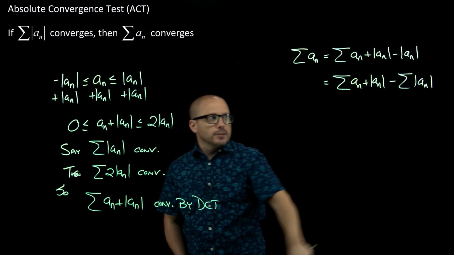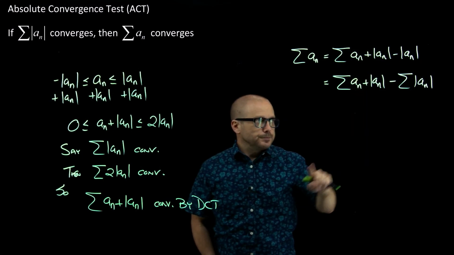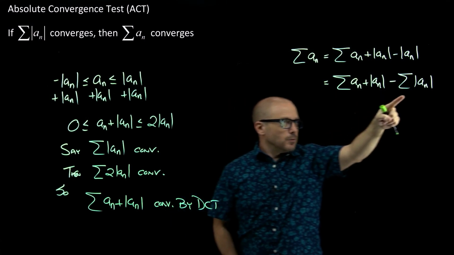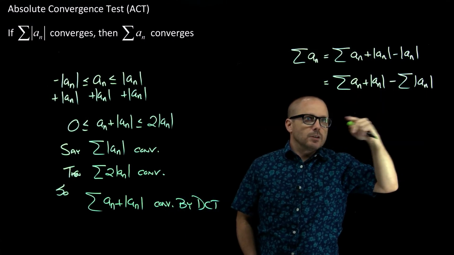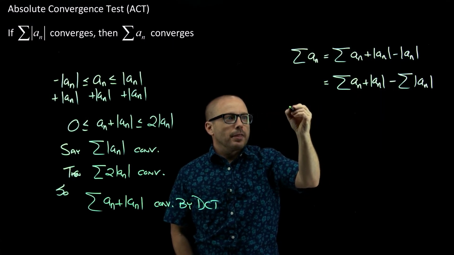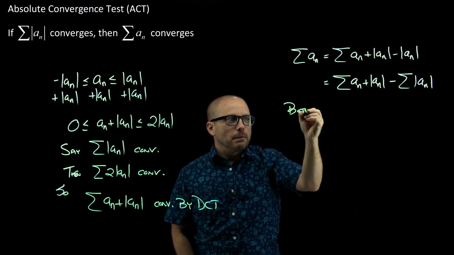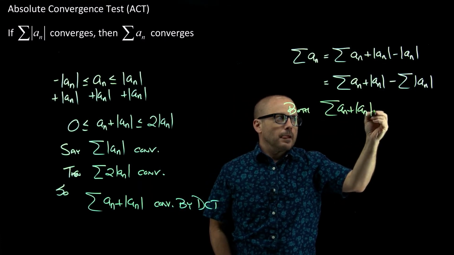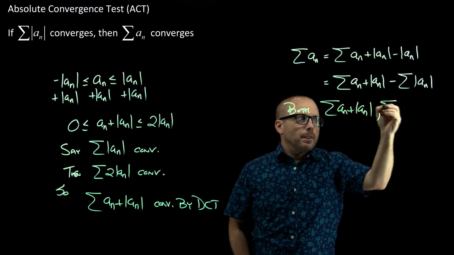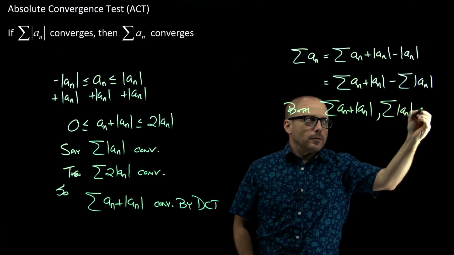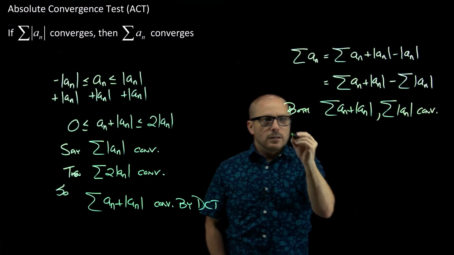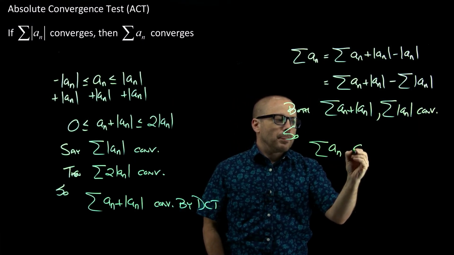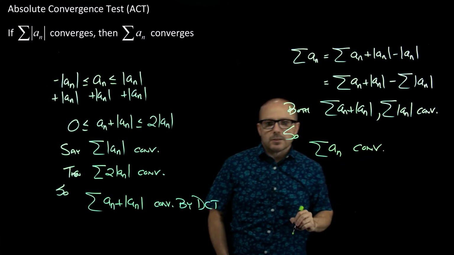We just proved that one's convergent. And that was our assumption that this one was convergent. So we have the difference of two convergents, both those guys converge. So that series converges.